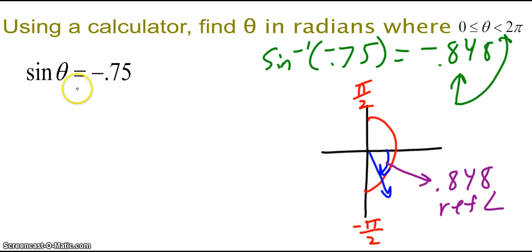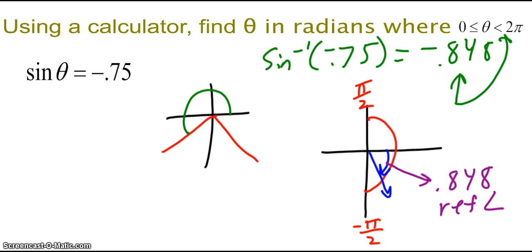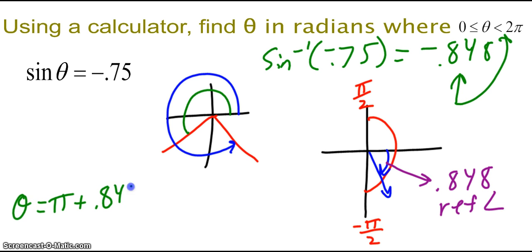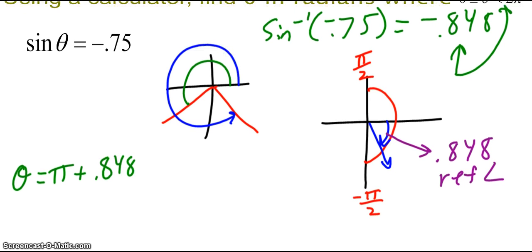Where is sine negative? Sine is negative in the third and the fourth quadrant. So I need to find this angle, and I need to find this angle, but both of them have a reference angle of 0.848. So I can say the green one, theta equals pi plus 0.848, and the blue one, theta equals 2 pi minus 0.848.